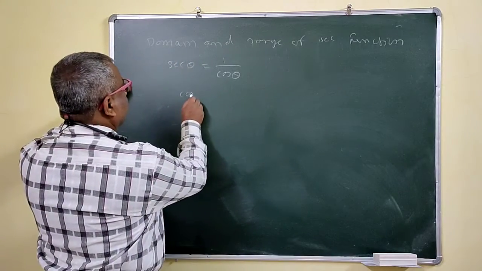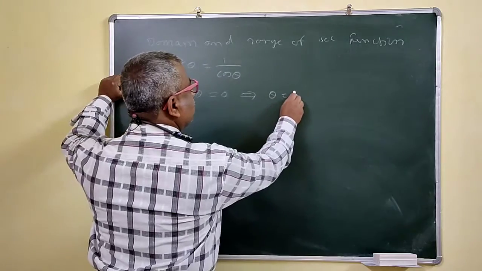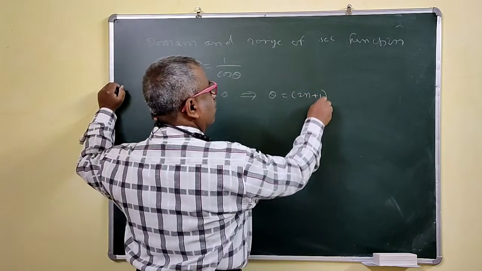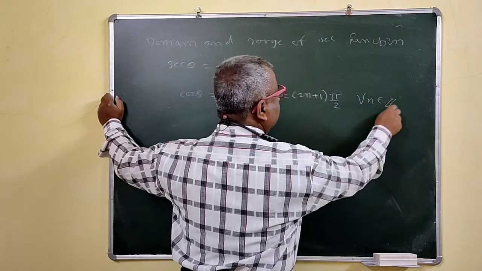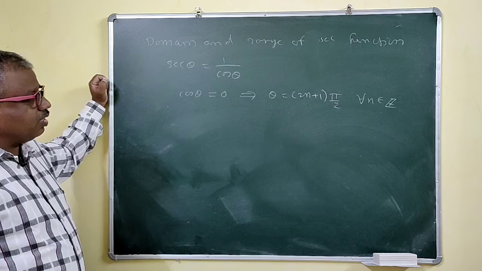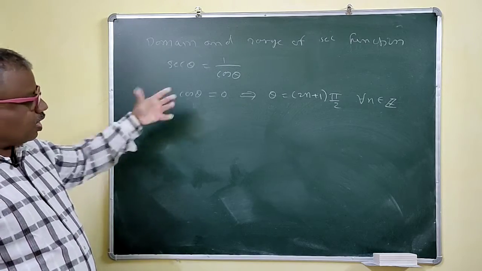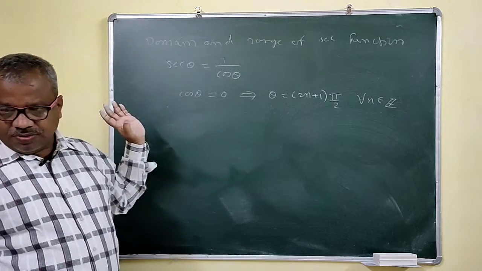So cos theta is equal to 0 implies that theta is equal to twice n plus 1 times pi by 2, for all n belonging to Z. For other values, cos theta will not be 0, right?